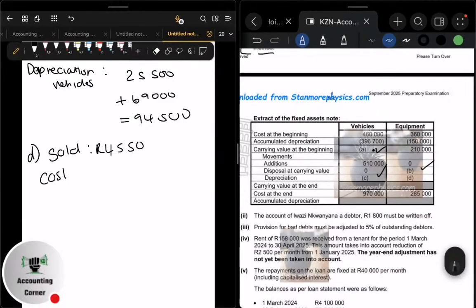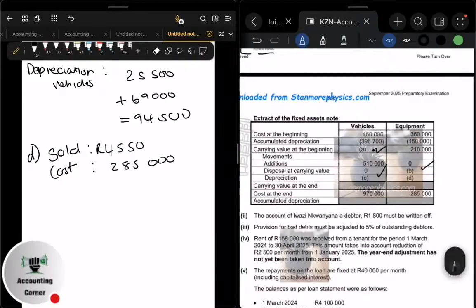So first, the cost of the remaining. So that'll be 360,000, which includes all equipment sold and remaining. Then we subtract the remaining. Oh, wait, we already have the remaining cost. It's 285. Okay, so the remaining cost is 285,000.